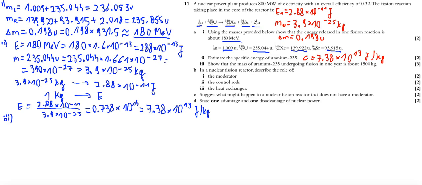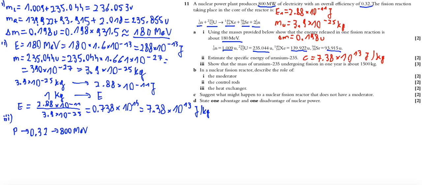Okay, so let's look. Now we have to use this efficiency. We know that this reactor produces 800 megawatts of power, with an efficiency of 0.32. I wrote 0.38, 0.32, of course. So what is the power taken from uranium?